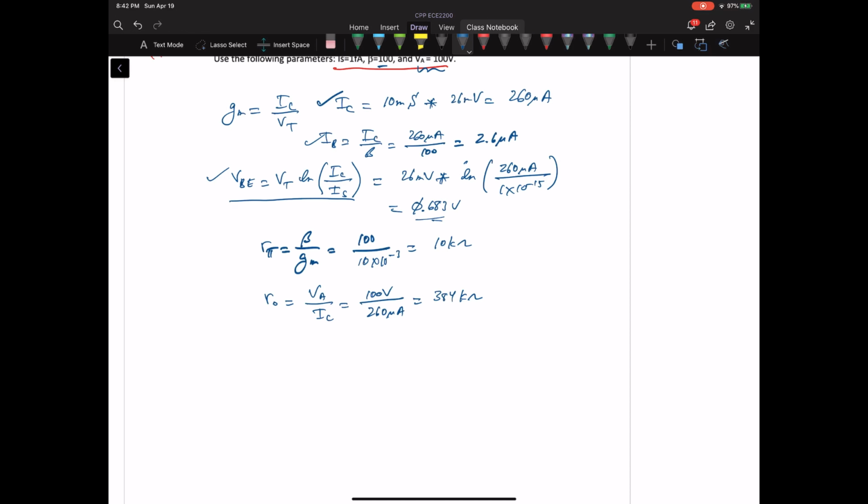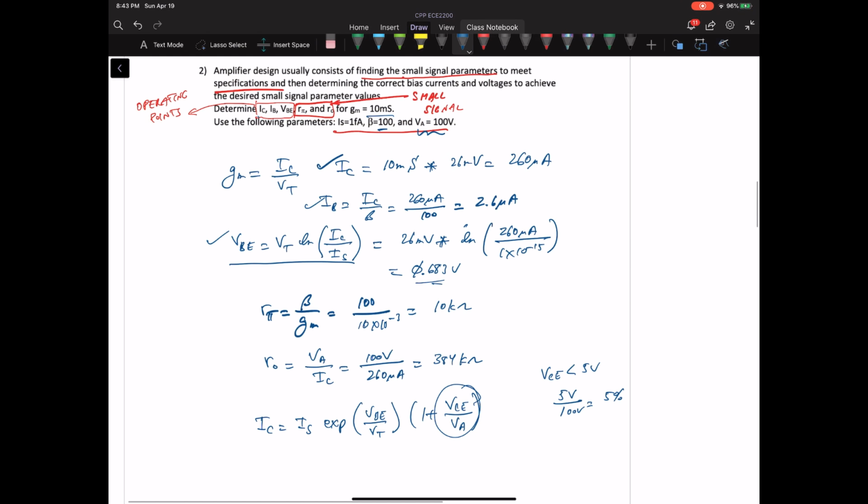Now looking back at why I ignored the early voltage for VBE at low voltages, let's just look at I sub C. I sub C is I sub S exponential of VBE over VT times 1 plus VCE over V sub A. I said VCE is less than 5 volts, so let's take it as 5 volts over V sub A. This is a 5% or less change in collector current, which is not really going to affect our results very much.